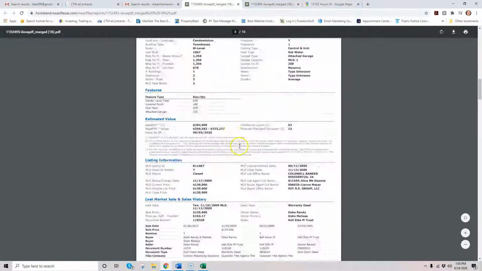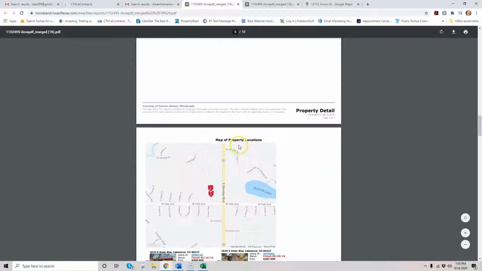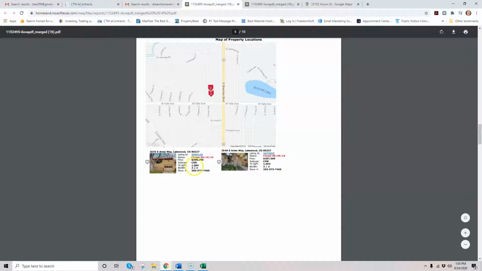So their property analysis, they thought it was around 287, 300. I closed last spring. They went way back on their comps. That's how they found those, so I don't even need to search those up.